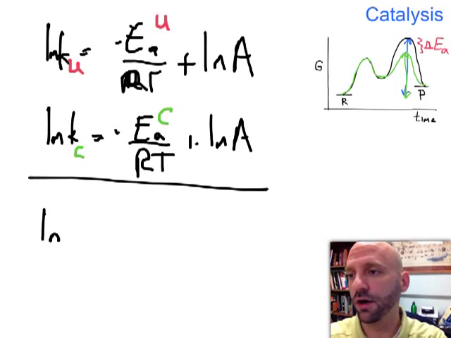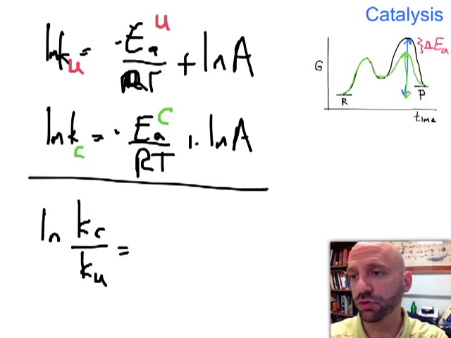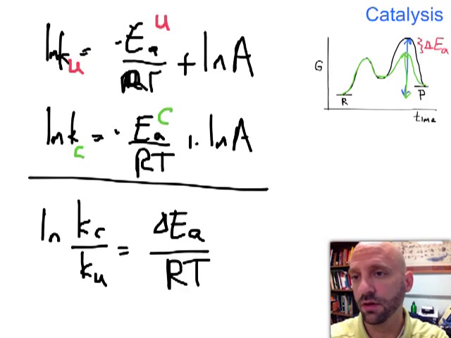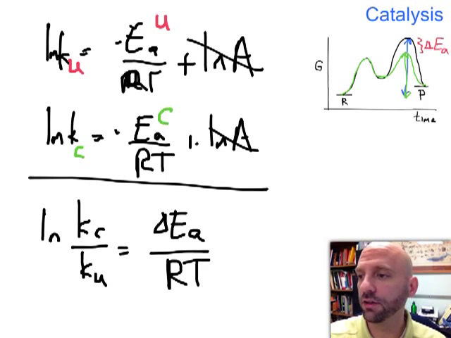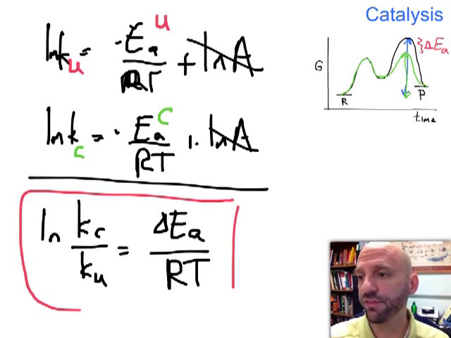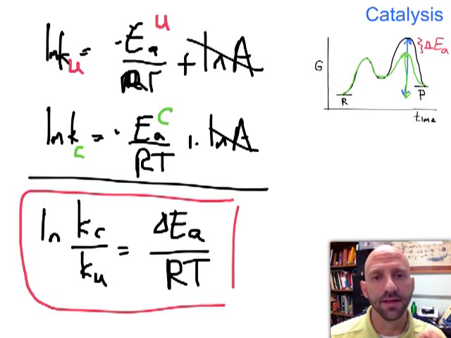The ln of k catalyzed over k uncatalyzed is equal to the difference in the activation energies over RT. You see that the natural logs of A get factored out. So this is a handy little equation for us to evaluate quantitatively the impact of putting in a catalyst.